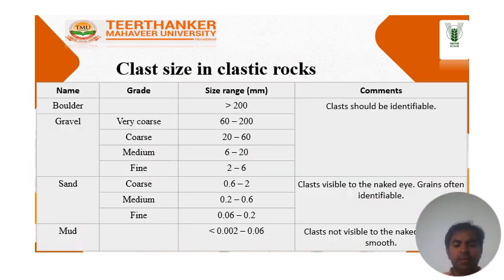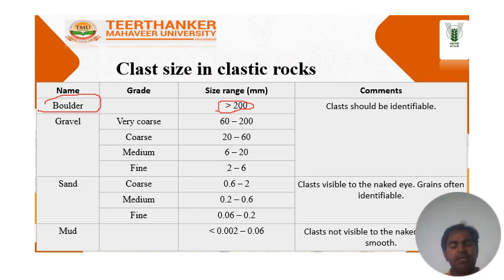Now come to the class size in the clastic rocks. During the breaking of the materials, different sizes of particles are found, and if the particles have different sizes, their names are also different. Here you can see the boulders. Boulders are particles more than 200 millimeter in diameter.